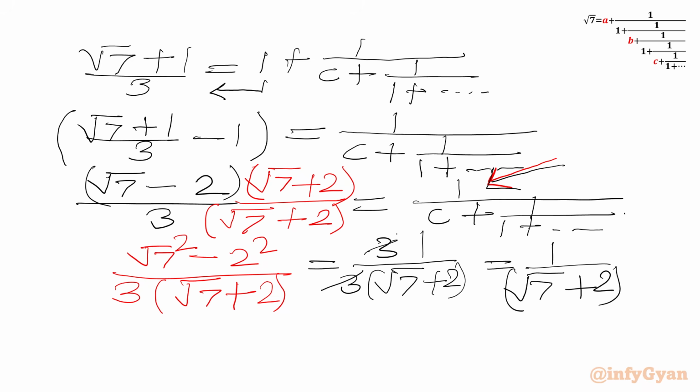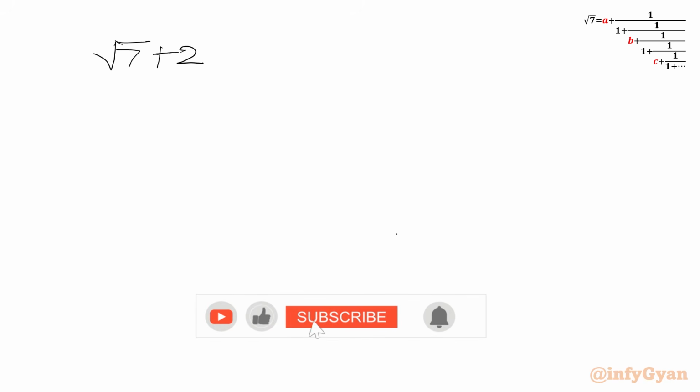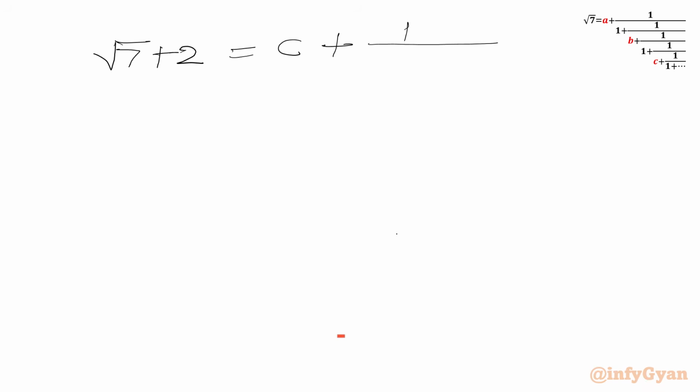So we are going to compare both the denominators. So we will write root 7 plus 2 will be equal to c plus 1 over 1 plus up to infinity. Let's write here root 7 plus 2. This will be equal to c plus 1 over 1 plus up to infinity. Now we know that square root 7 is in the interval 2 and 3.